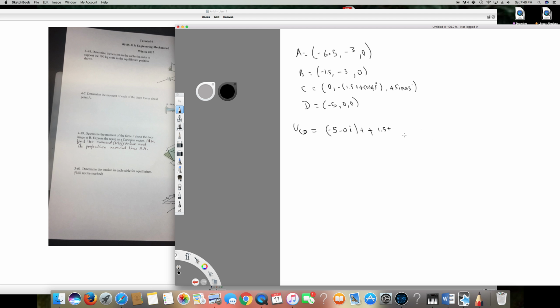Cos 45 is 1 over root 2, so 4 over root 2 plus 1.5. And the next part is sine 45, so 0 minus sine 45, which becomes minus 4 sine 45. Sine 45 is also 1 over root 2, so it's 4 over root 2.